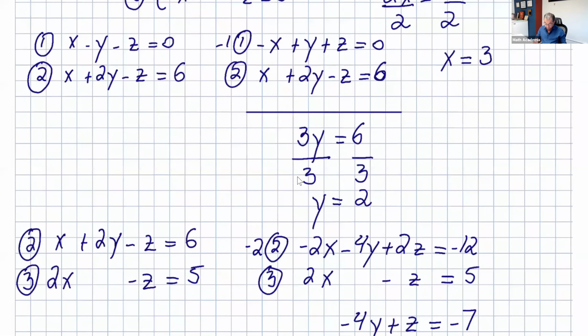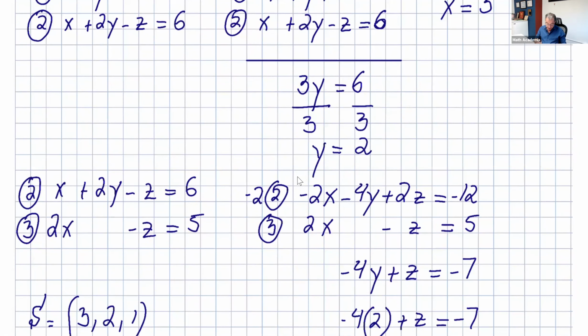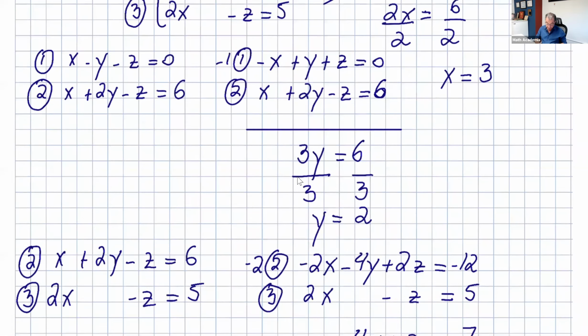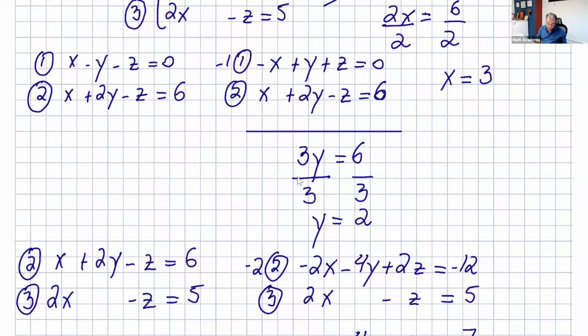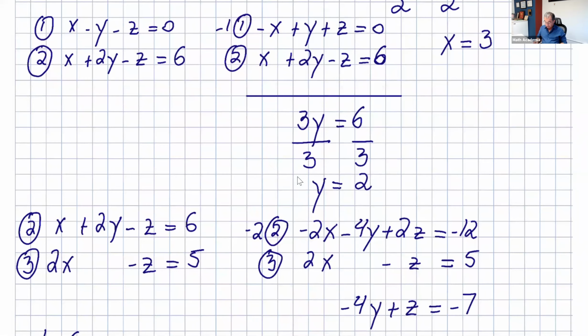Now that we have y, we can pick number 2 and number 3, and try to eliminate the same variable you eliminated when you took 1 and 2, and that was x. So what I did, I multiplied the first one by -2, so you get -2x minus 4y plus 2z equals -12. All these numbers you multiply by -2, and 3 is 2x minus z equals 5.